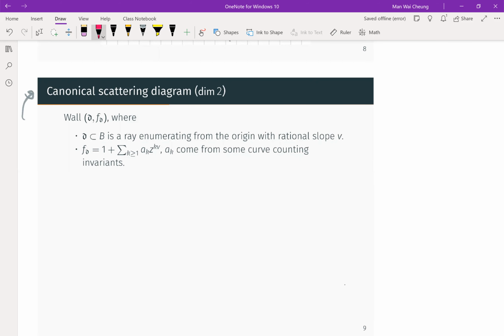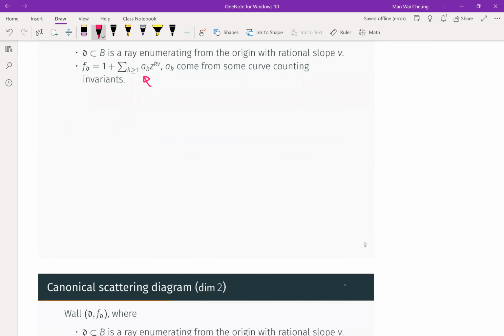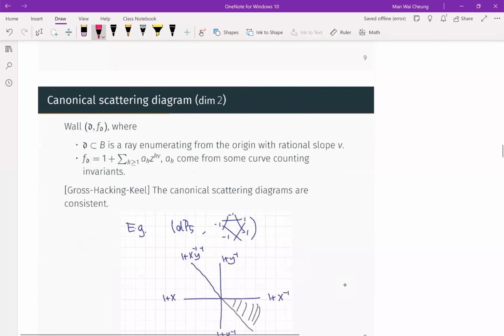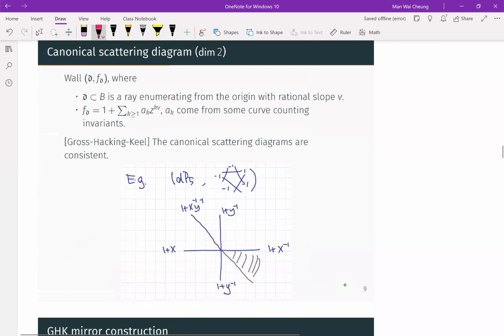The reason is that the coefficients here are not coming from cluster theory, but the coefficients are coming from some curve counting invariants. So that is how the construction goes. So in this example, this is our canonical scattering diagram.